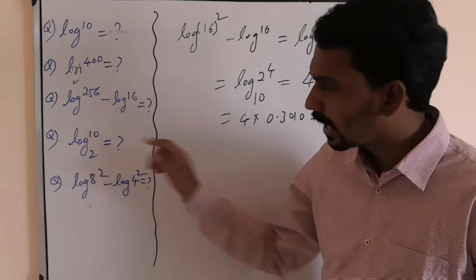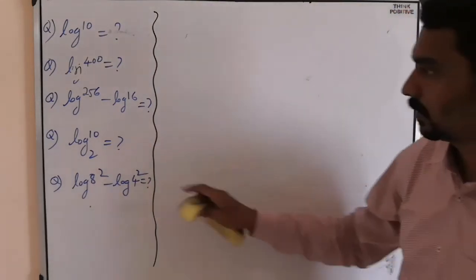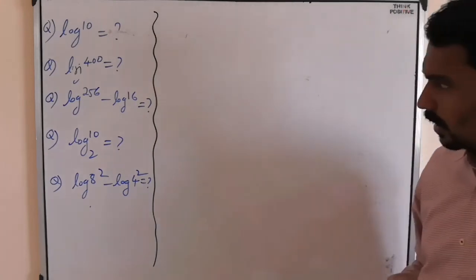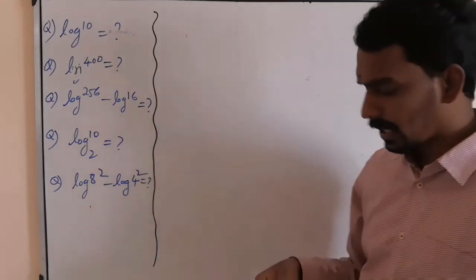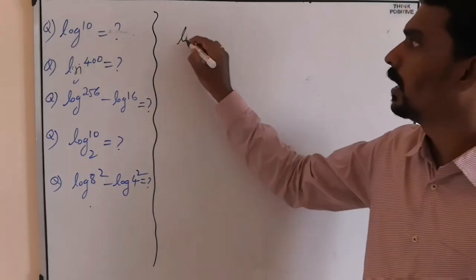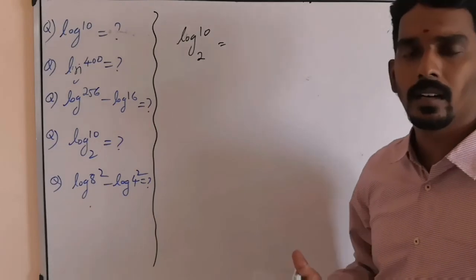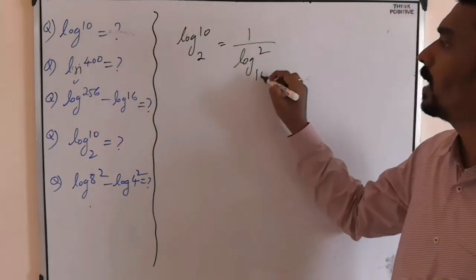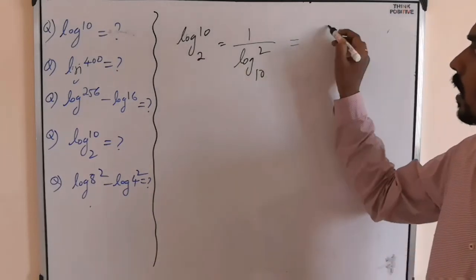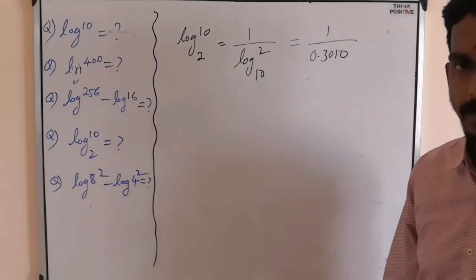Here log 10 base 2 came. Generally we talk about base 10 and base e, but here log 10 base 2 came. Then don't worry. Manipulation is needed in every question. So I can write 1 by log 2 base 10, so that is 1 by 0.3010.